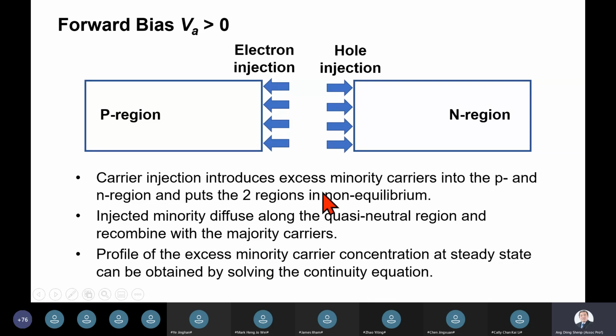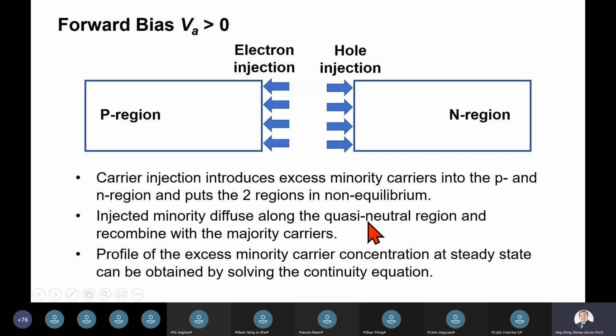Now, I mentioned earlier that the injection of carriers will put the two semiconductor regions into non-equilibrium. The injected carriers, if you look at the P side, for example, the injected electrons will diffuse along the quasi-neutral P region. I will KIV the explanation of this term quasi-neutral region till later.